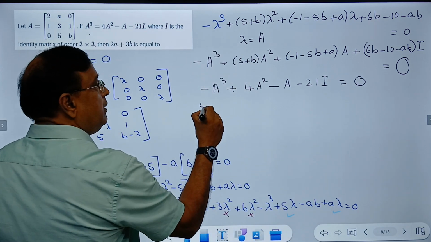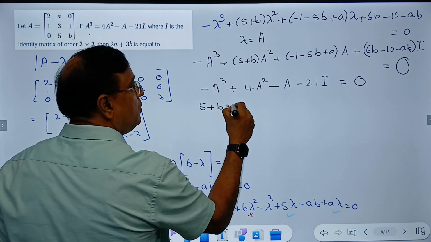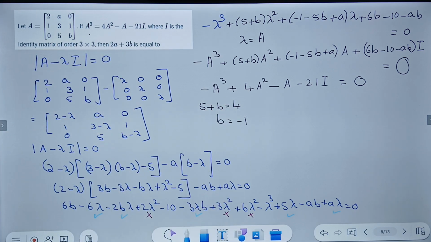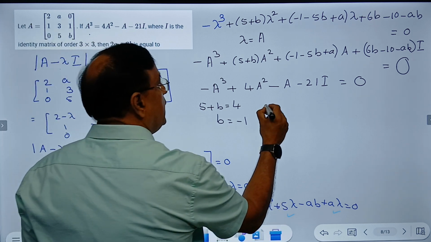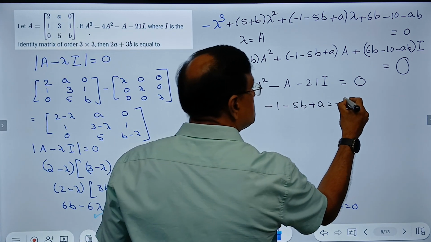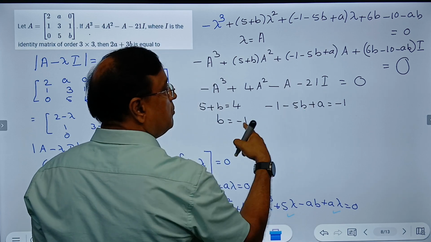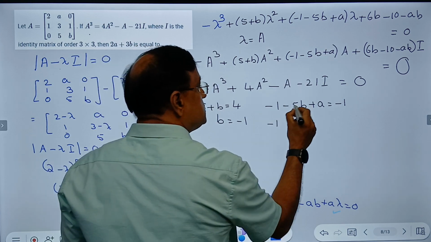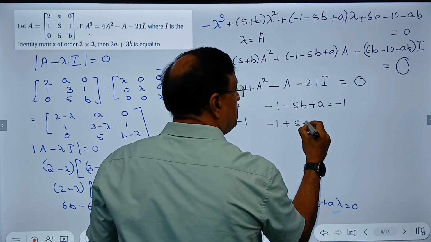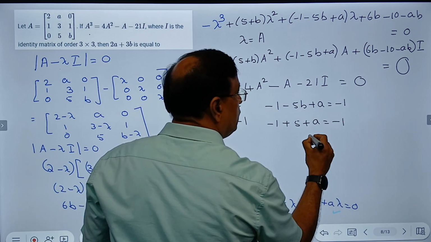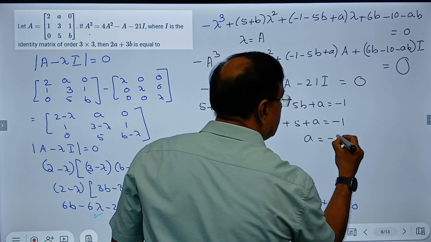You get 5 plus B equal to 4, so B equal to minus 1. Then minus 1 minus 5B plus A equal to minus 1. Now B is minus 1, so it's plus 5, plus A equal to 0, so equal to minus 1. Therefore, A equal to minus 5.